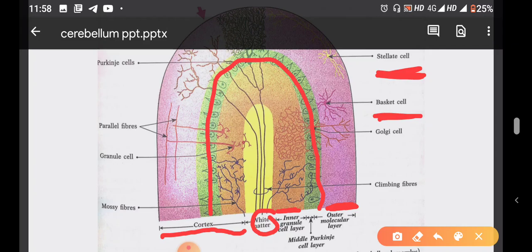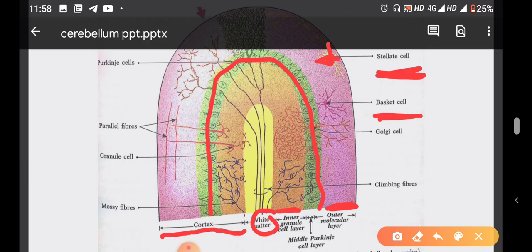Stellate cells are star shaped and located more superficially, and their dendrites synapse with parallel fibers of granule cells.